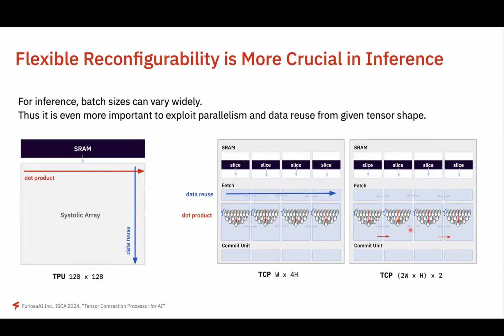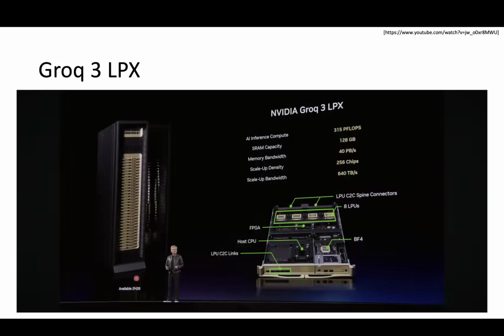So this kind of reconfiguration is possible. As a result, we can better utilize compute units in the case of dot product dominated cases, like the matrix vector dominated generation phase.